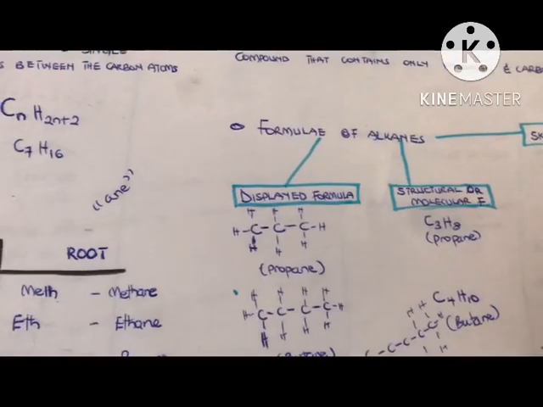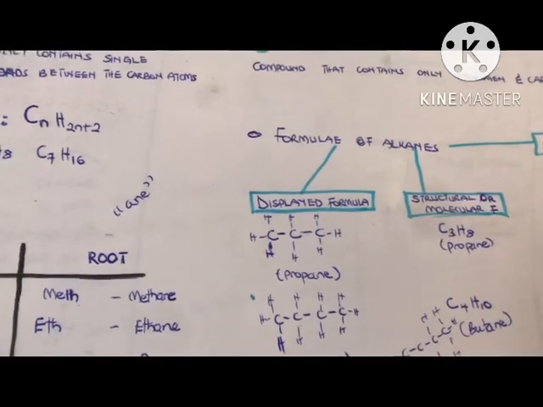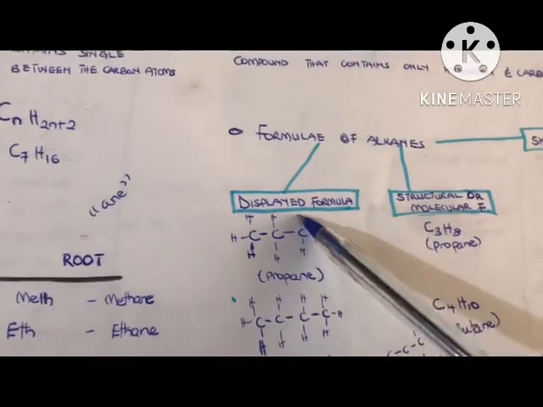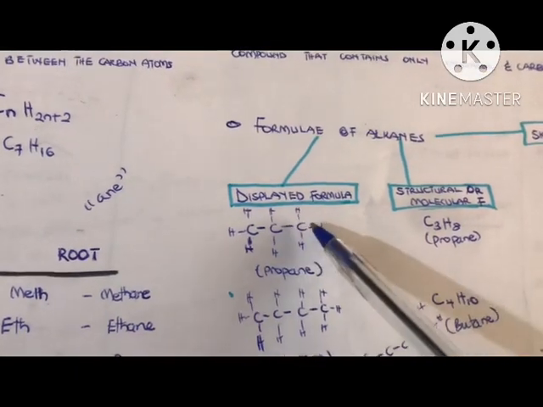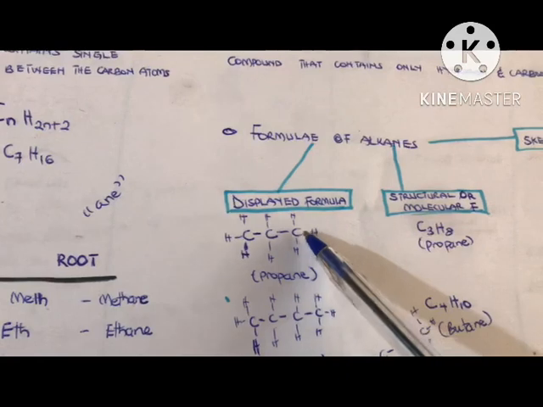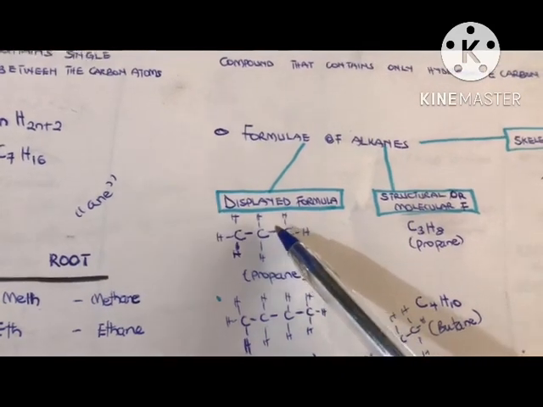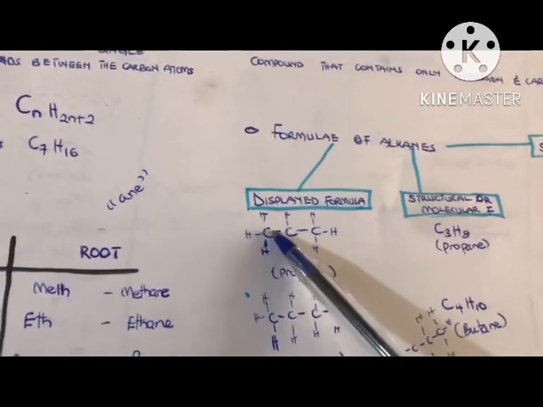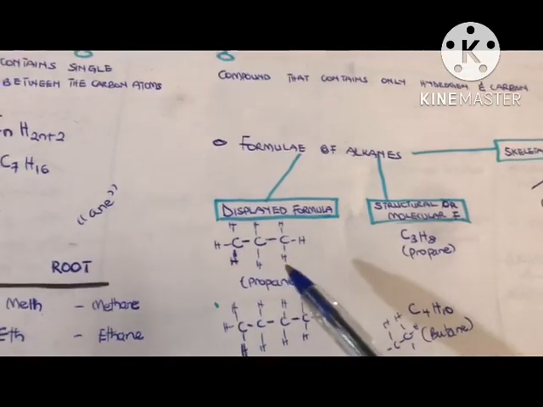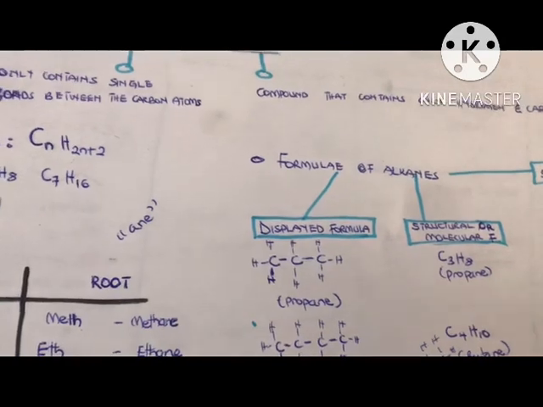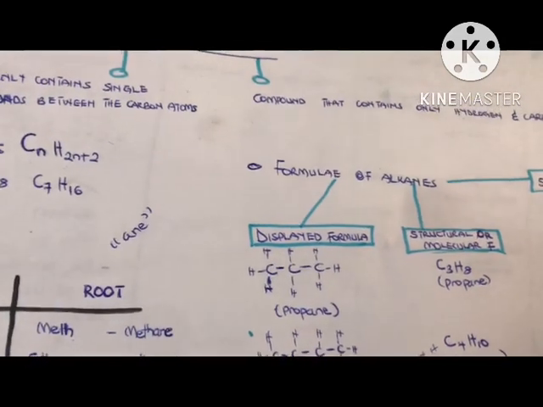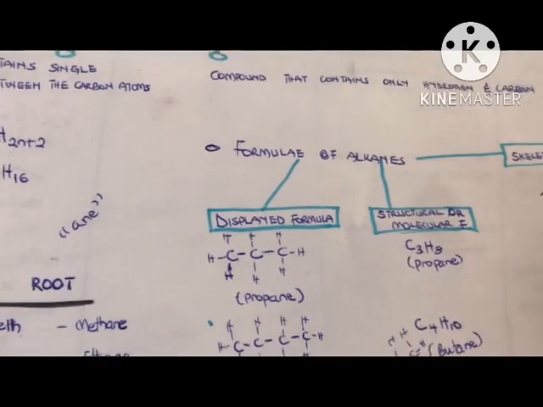And one thing you must note is that all carbons form 4 covalent bonds. So you must have 4 bonds around each of these carbons. Let's count them: 1, 2, 3, 4. 1, 2, 3, 4 for this carbon. 1, 2, 3, 4 for this carbon. When the bonds around a certain carbon are not up to 4, you satisfy that by using hydrogens.